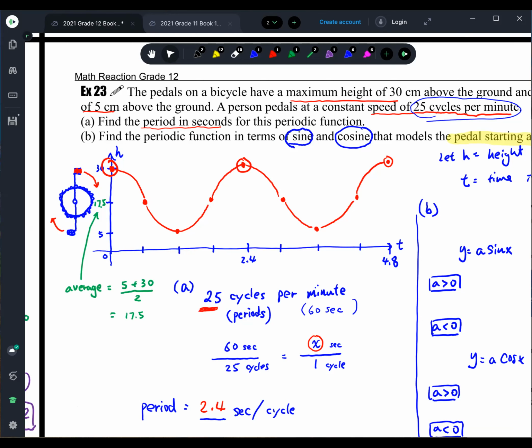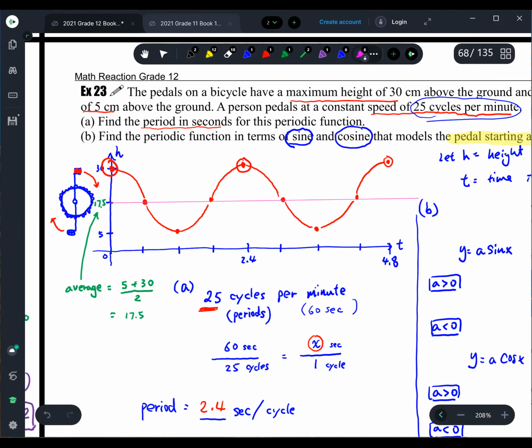Sorry, I'm just making it a straighter line. Okay, perfect. So that pink line is your midline. Now draw over it. Okay, very good.